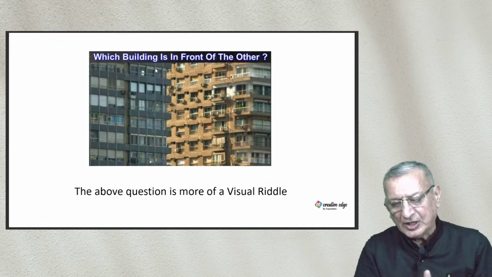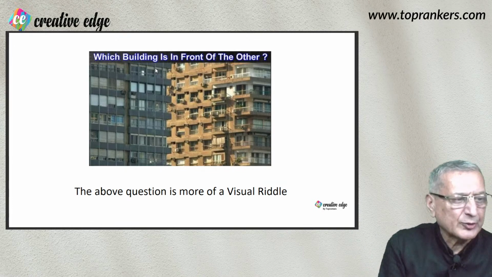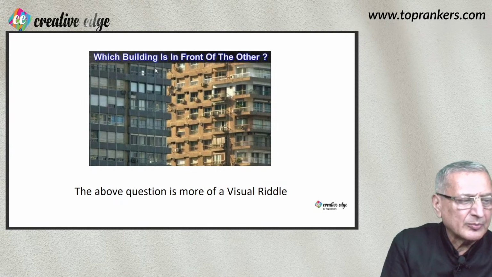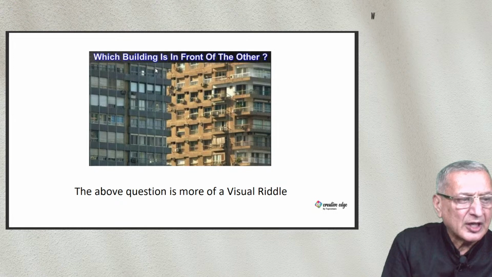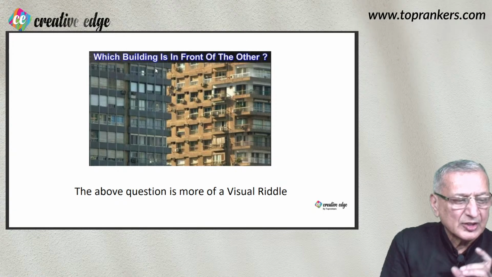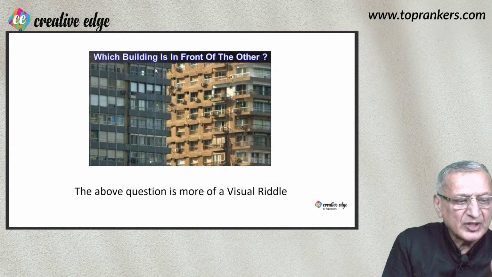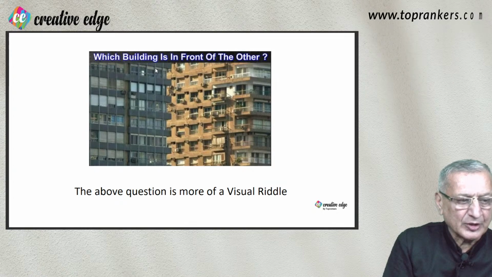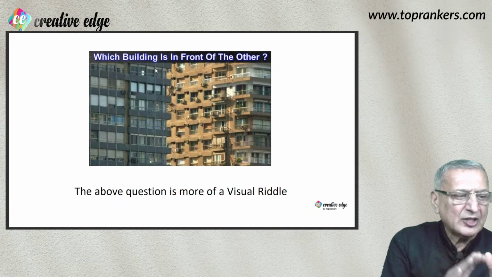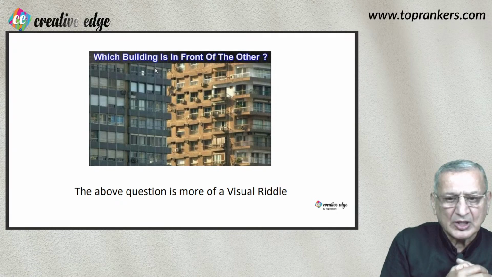This is one of the examples. Excuse me for being slightly late in starting, but believe me, I am going to compensate for it. Generally, this kind of question asks which building is in front of the other? These types of questions are asked in a time-bound mode, that means whatever you have perceived, you have to perceive well within 30 seconds and answer such visual clips.